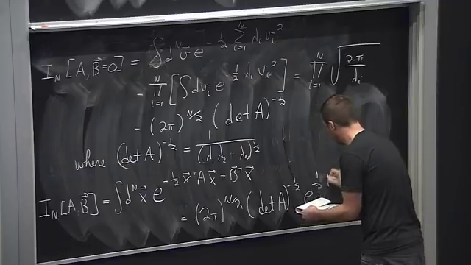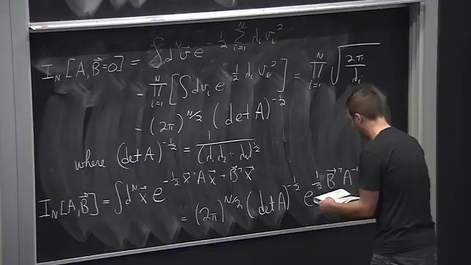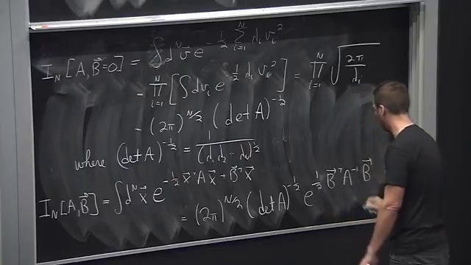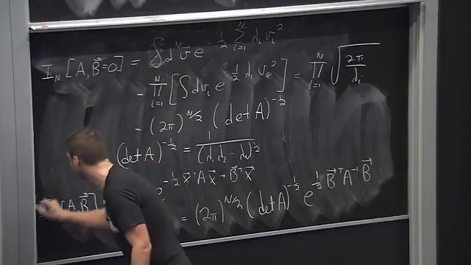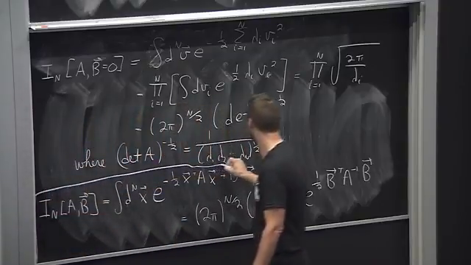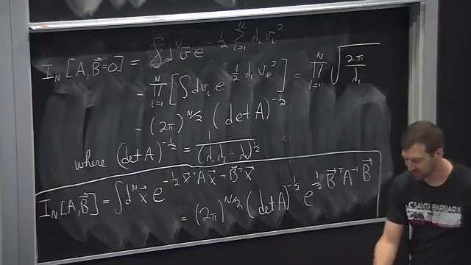One half B. Right, the piece I pulled out front. Okay, so that's the Hubbard-Stratonovich transformation.